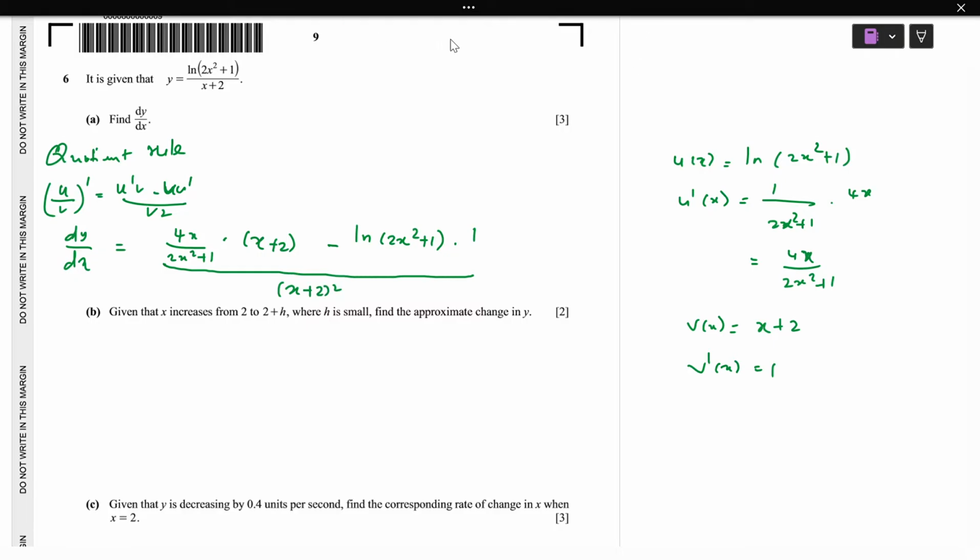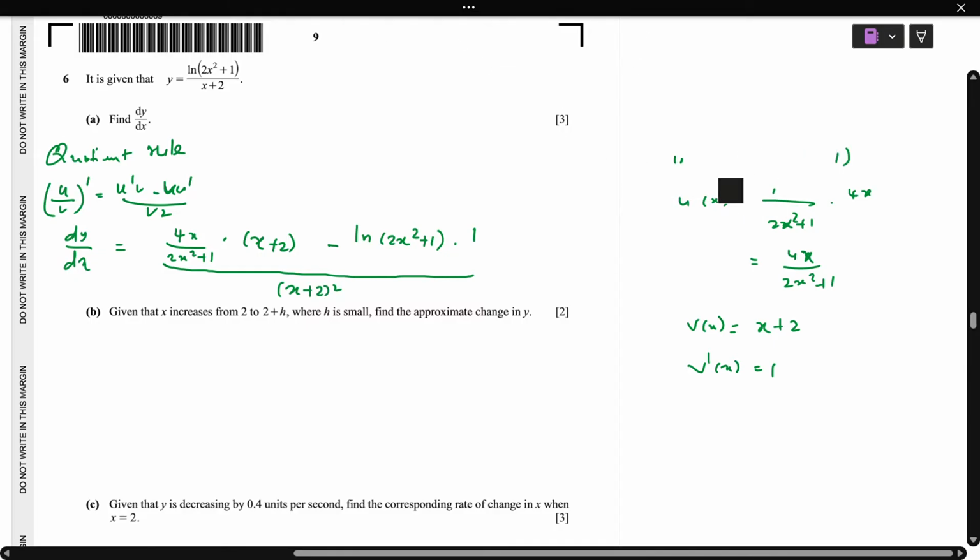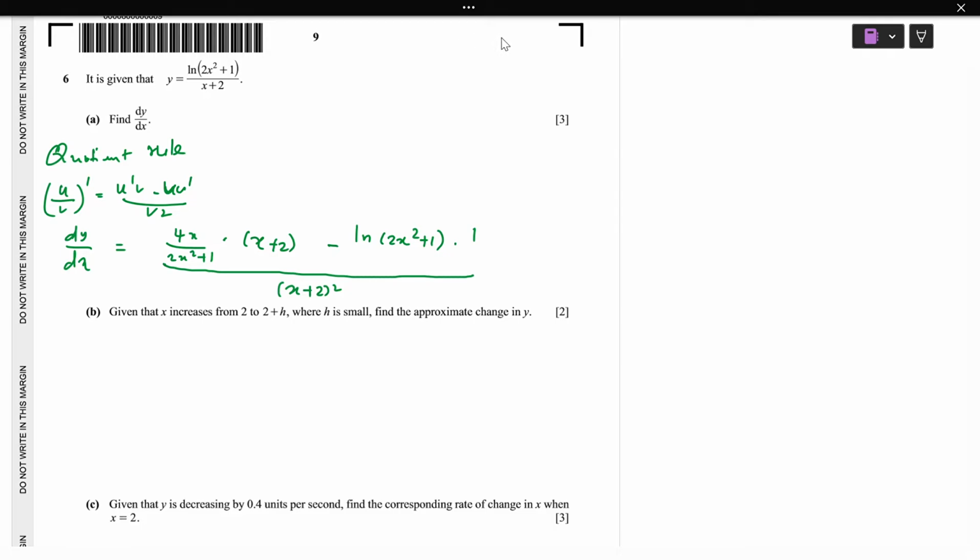I'll erase the right side, so I can write the rest of the solution here. Now I'll simplify this part. The numerator is going to be 4x into x plus 2.